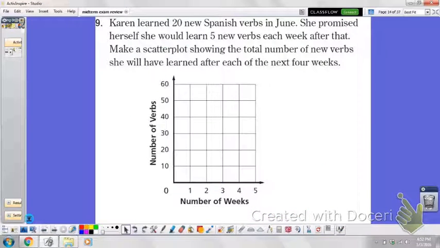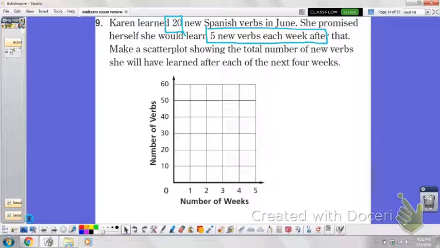Now it says that Karen learned 20 new Spanish verbs in June. She promised herself she would learn 5 new verbs each week after that. Make a scatter plot showing the total number of verbs she will have learned after each of the next 4 weeks. Well, we know that she started with 20 and that she increased by 5 each week.